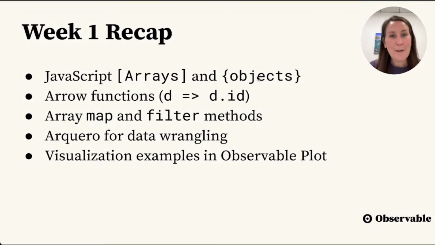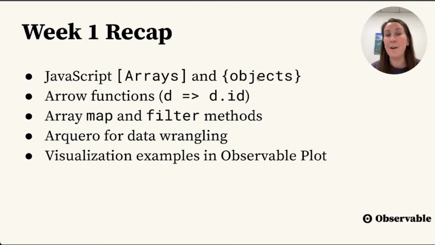Okay, so we'll do a quick recap and warm-up activity before we get into today's new material, which is what did we do last week? Last week we covered a lot of fundamental things that we need to know in JavaScript. So we built a lot of building blocks that are pretty core to doing a lot of data wrangling and analysis. And that included learning about arrays and objects.